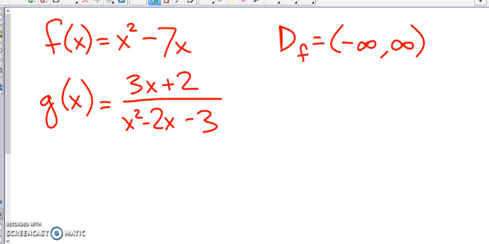If you had to figure out where this bottom part was equal to 0, how would you do it? Well, that's a thought. Yeah, if I set it equal to 0, but then how could I solve that? Yeah, why don't we factor it? That's perfect. So how does this factor?